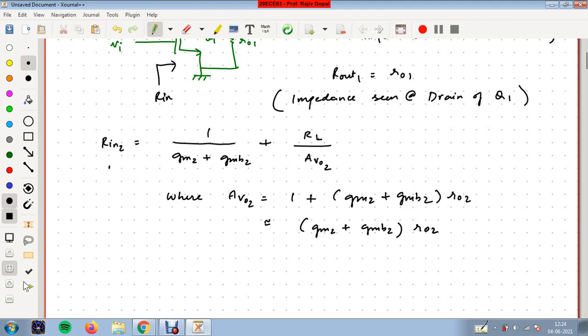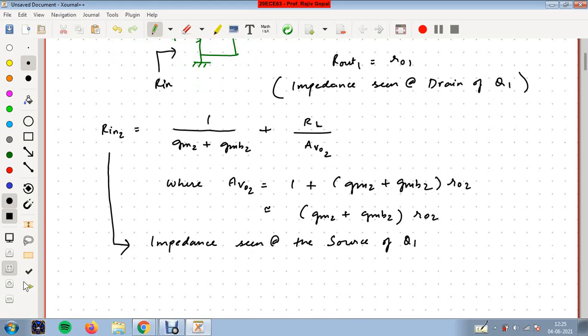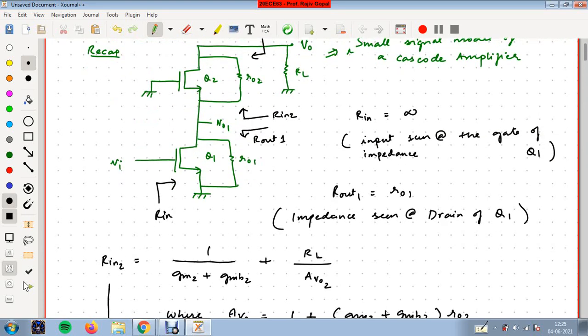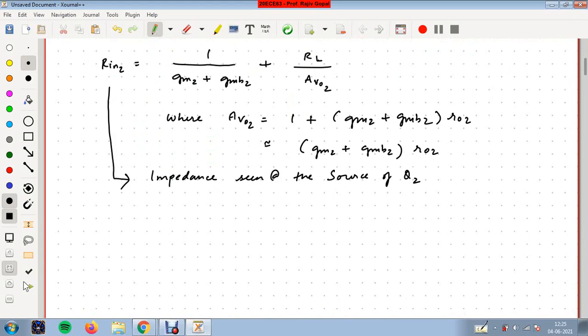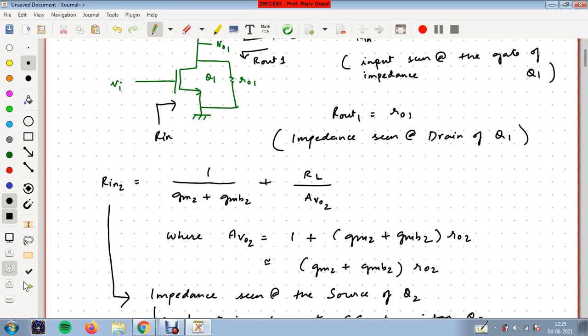So R in here is the impedance seen at the source of Q2. Q2 is a common gate transistor, so you can call this the input impedance of the common gate transistor Q2. This is what R in 2 is.